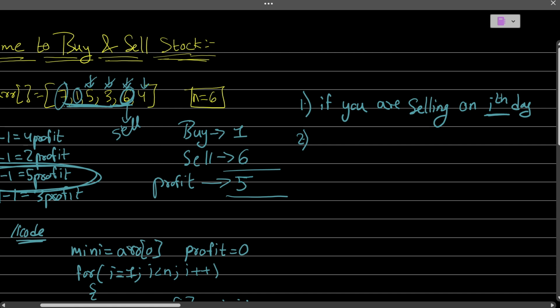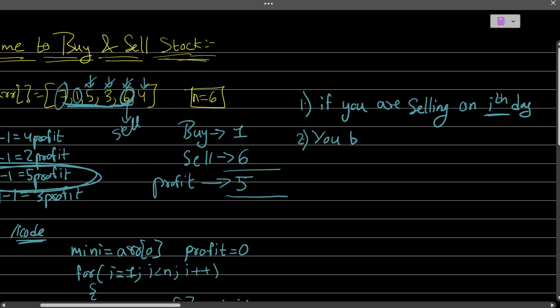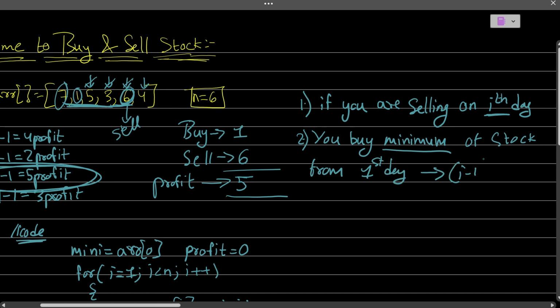Then I say you buy at the minimum price from the first day. So you should buy the stock at the minimum. Okay, remember minimum. You should buy at the minimum of the stock from the first day to i minus 1 days.